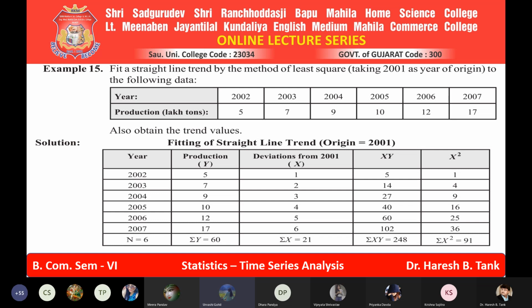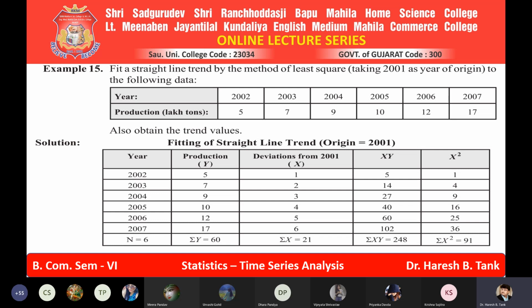Similarly, 2003 minus 2001, the value remains 2, so you have to put a value 2 in the column of x against 2003. 2004 minus 2001, the value comes to 3 and you have to put 3 against 2004. Is it clear? Yes, sir. This is how you are supposed to build column number 3.